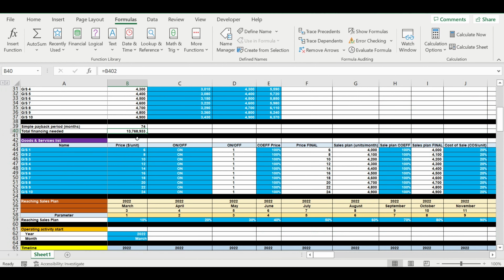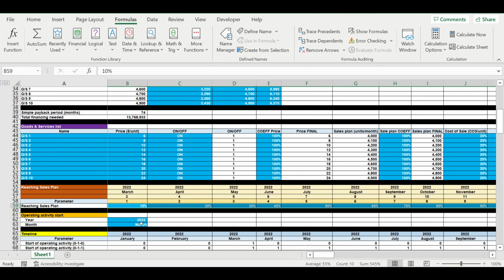This is very valuable, because when you start the business, you won't get 100% of the revenues right from the first month. You will be reaching your planned sales plan step by step, and this step-by-step plan is described here.